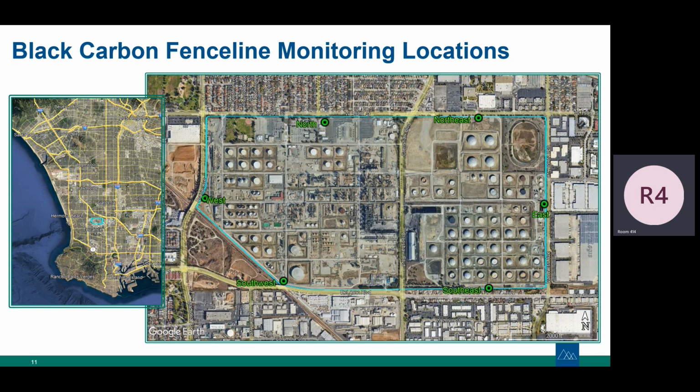Torrance is about 4 miles from Hermosa Beach in the ocean. It's about 14 miles south of downtown Los Angeles. The facility perimeter is about 4.3 miles. And we have 6 different locations along the Fenceline where we measure black carbon and H2S. Along with each of these locations, we also have an open path UV DOAS and an open path FTIR that shoots in 2 different directions on a pan and tilt auto positioner that moves back and forth.